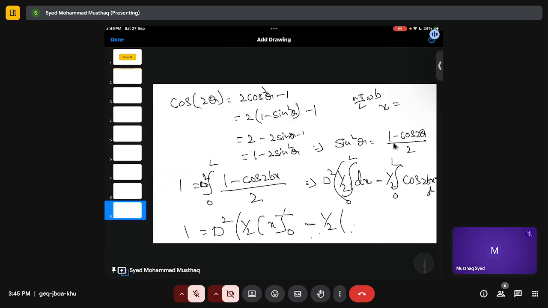The integral of cos of constant times x will be sin of constant times x divided by the constant. So sin 2bx upon 2b, limits 0 to L.